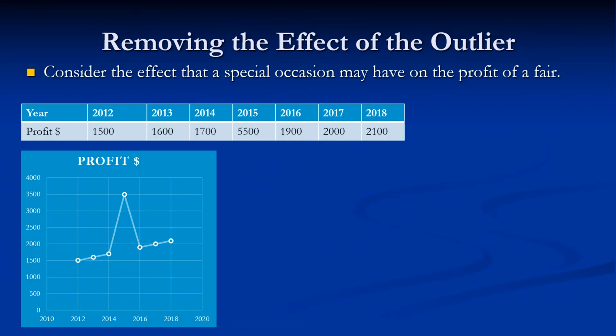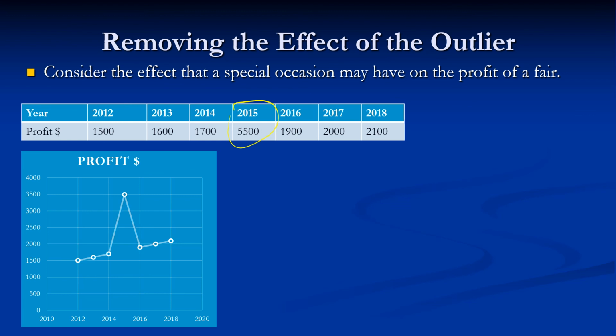Now if we have an example here, we've got time series data, of course, and we just want to consider the effect that a special occasion may have, for example, on the profit of a fair. Our centenary was around 2015.